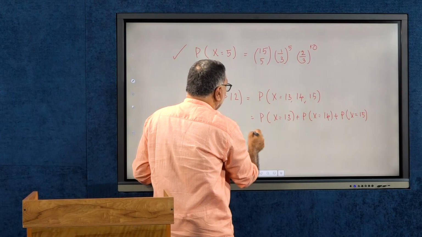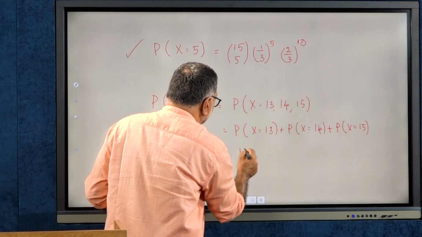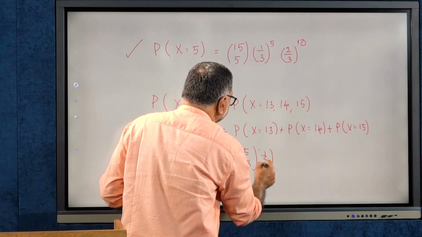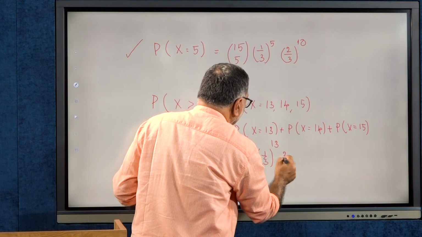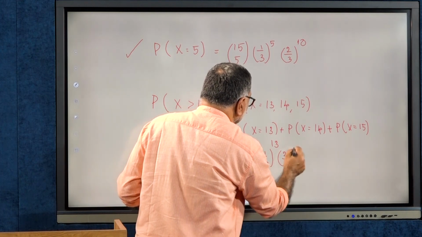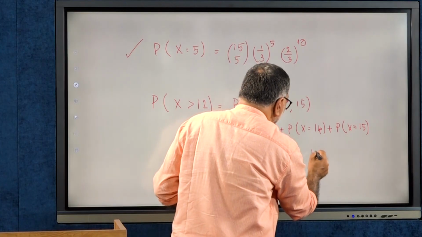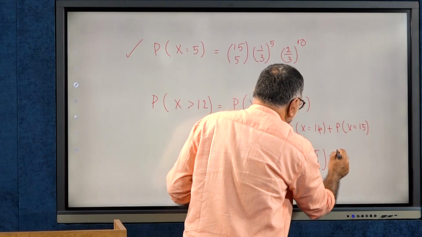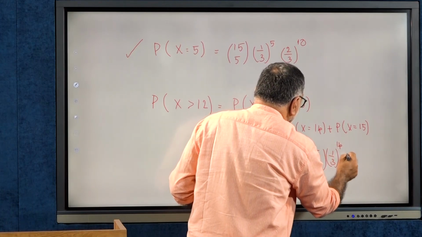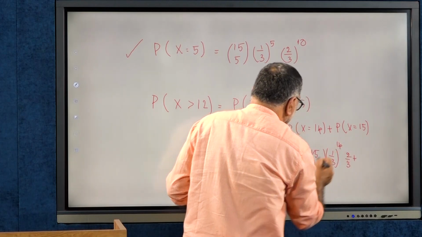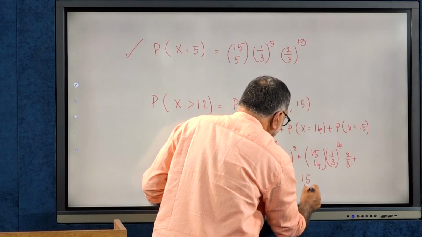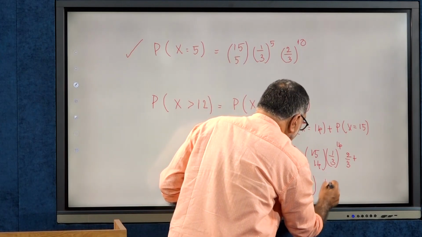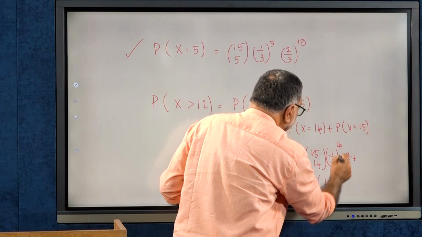Substituting the values, you will have 15C13, (1/3) power 13, (2/3) power 2, again 15C14, (1/3) power 14, (2/3), plus 15C15, that is 1, (1/3) power 15 and (2/3) power 0.